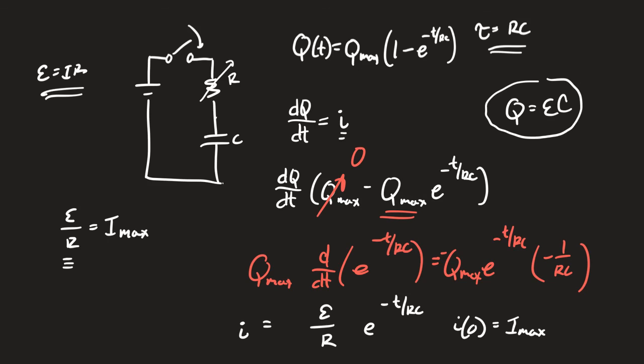But an instant later, I get exponential decay, and eventually the current will drop to 0 at infinity, governed by the same time constant that controls the rate that the capacitor charges. So in closing, RC circuits are timing circuits. They are very sensitive timing circuits.